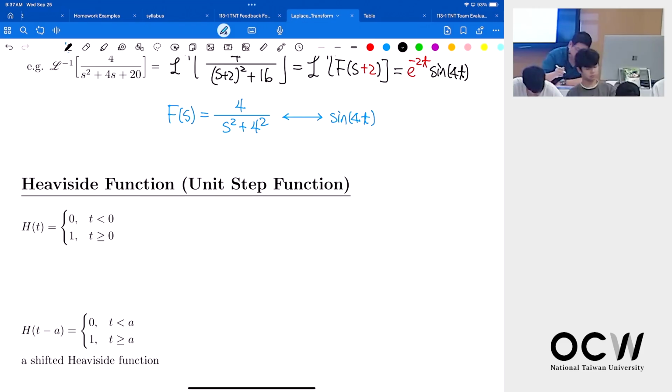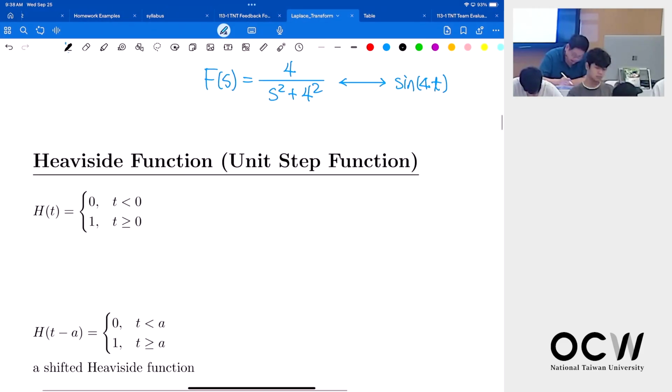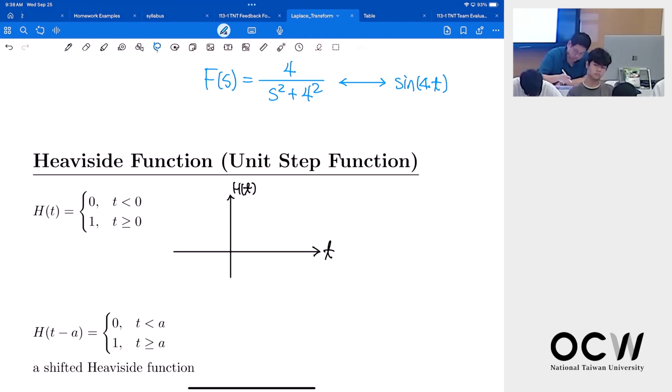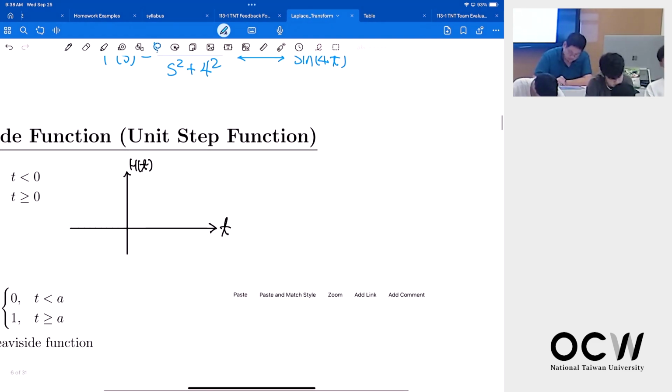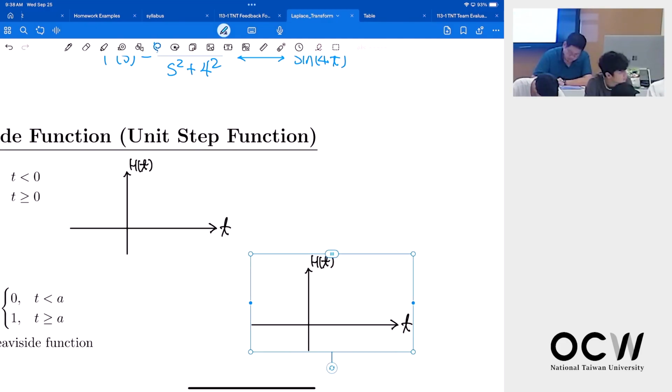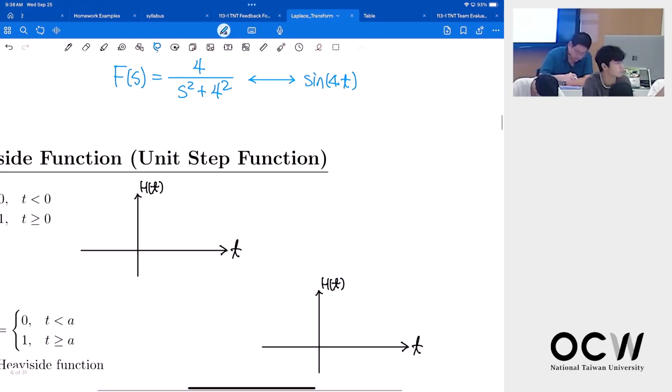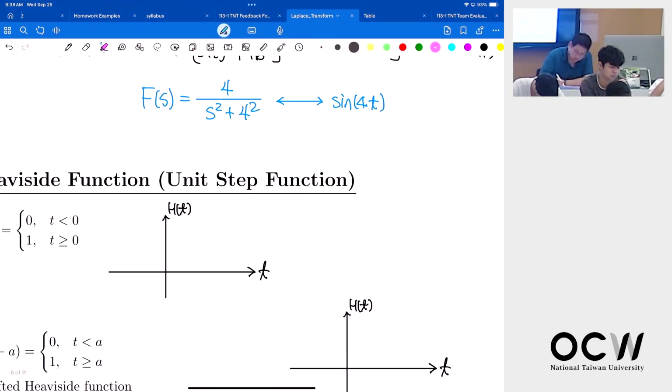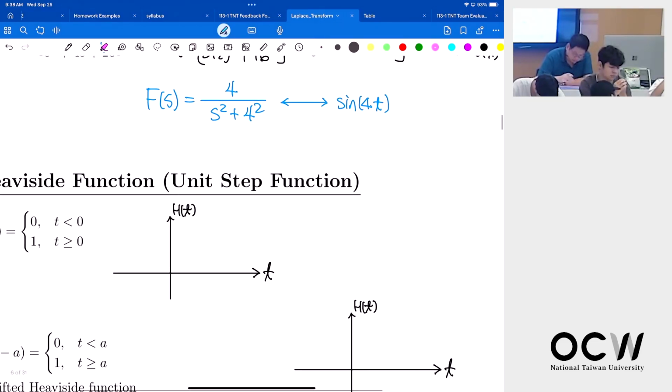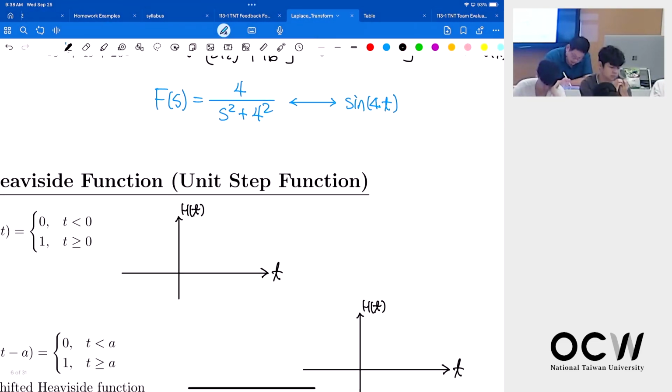If I plot this function, it looks like this: here is 0 and 1.